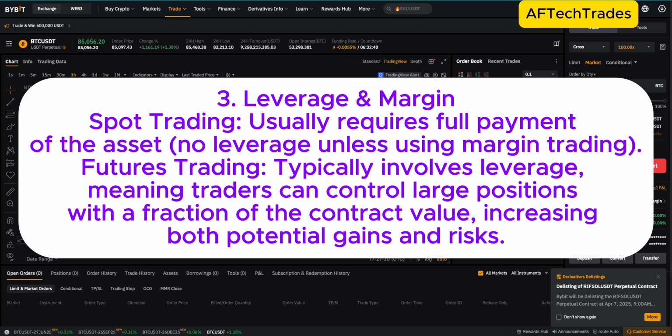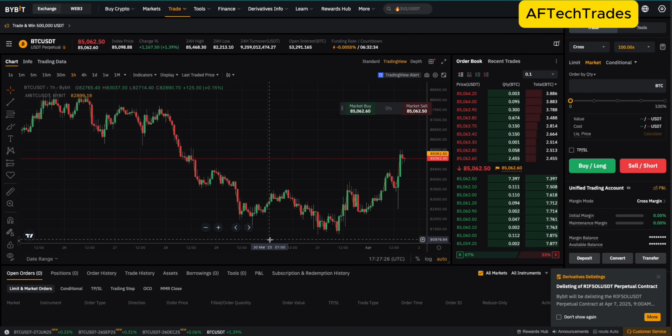So the higher the leverage, the higher the profit and the higher the risk. You see how this goes hand in hand.